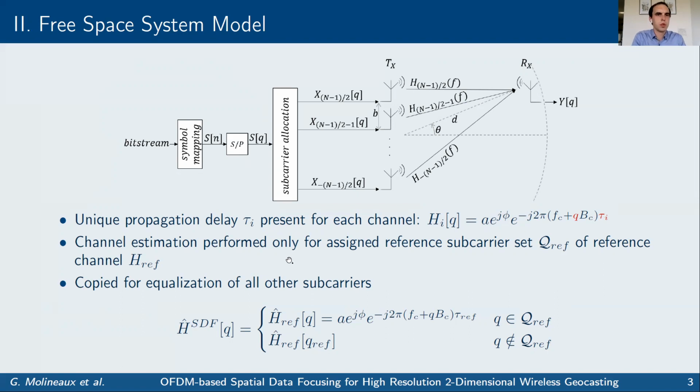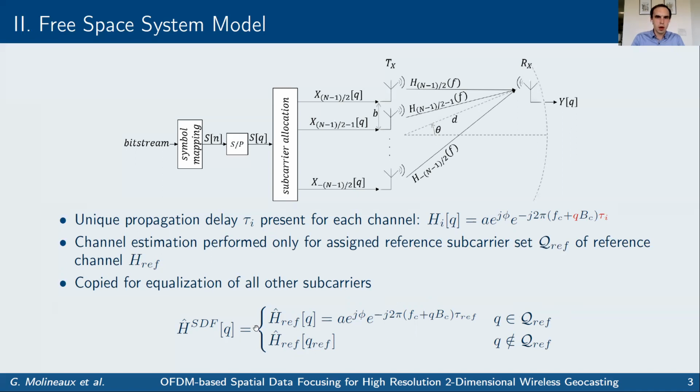Now, essential for spatial data focusing is that channel estimation is performed only on a set of predetermined reference subcarriers and their corresponding channels. This estimation will then be copied and also used for the equalization of all other subcarriers. So essentially, we define our spatial data focusing channel estimation as the estimation of the reference channel for all subcarriers that are part of the reference subcarrier set.